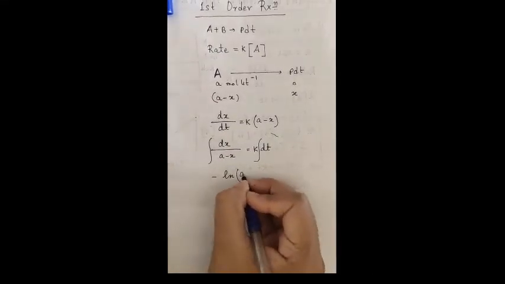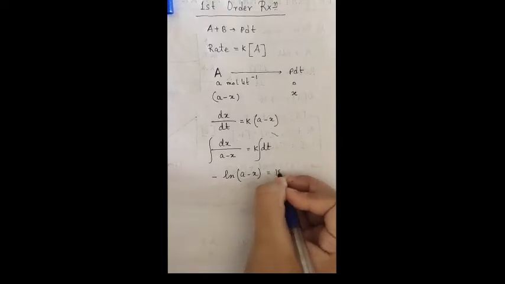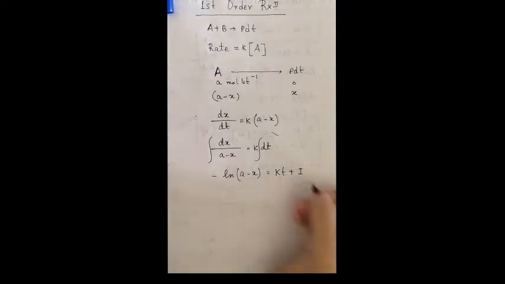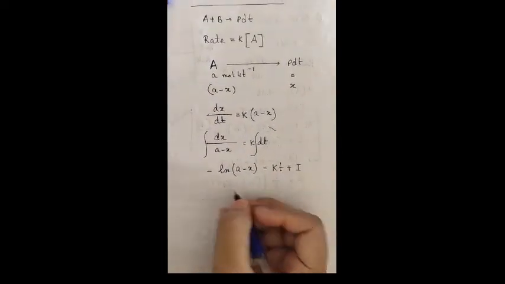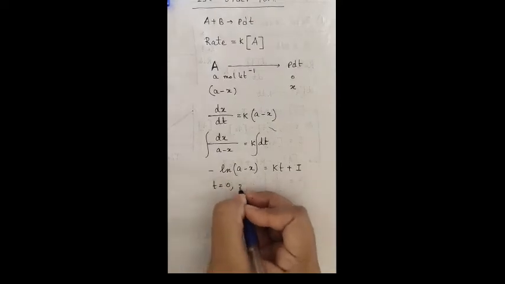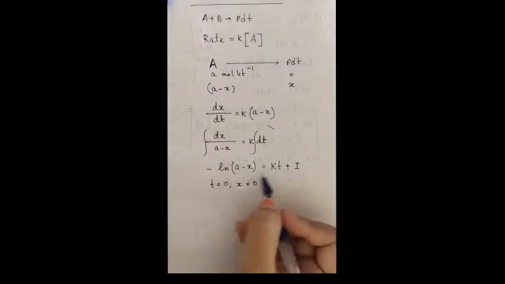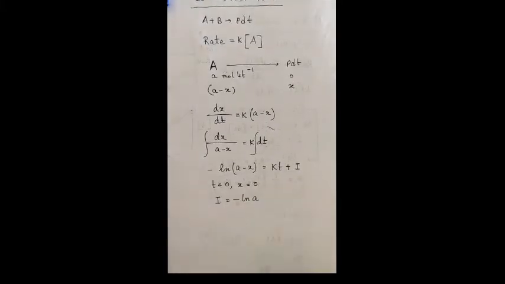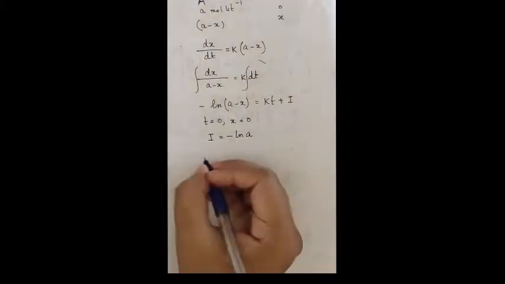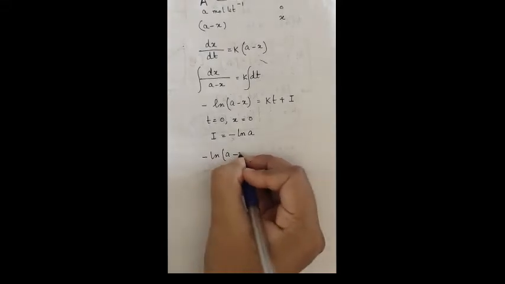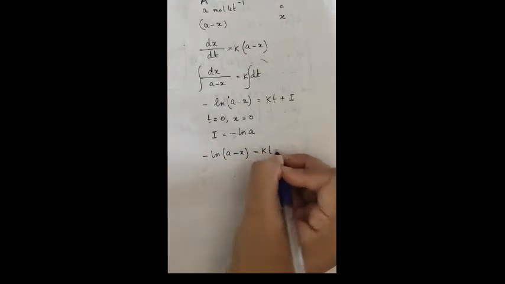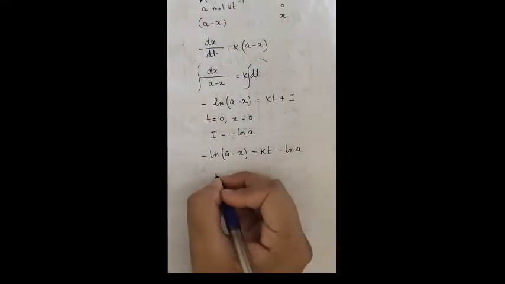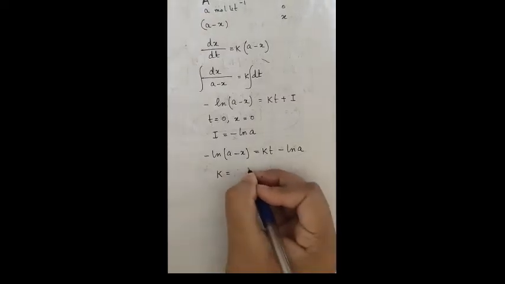Now for a zero order reaction, what is the half-life? Not only for zero order reaction, half-life for any reaction is the time at which the initial concentration of the reactant taken becomes half its value. Suppose I have started the reaction with 100 mole per liter of reactant. The time at which the concentration becomes 50 mole per liter is the half-life of that particular reaction.